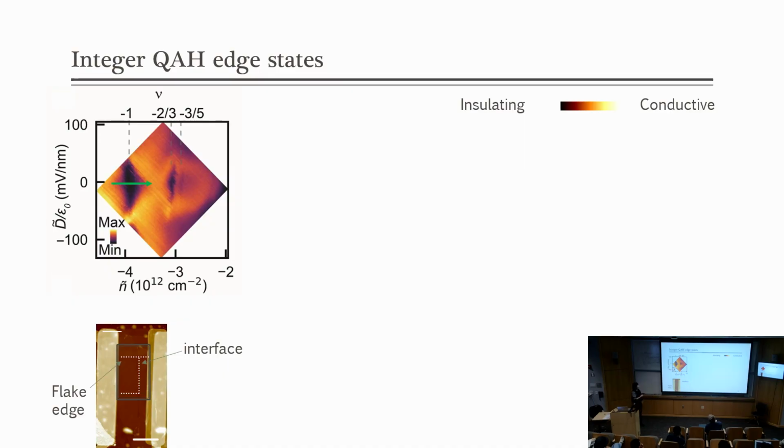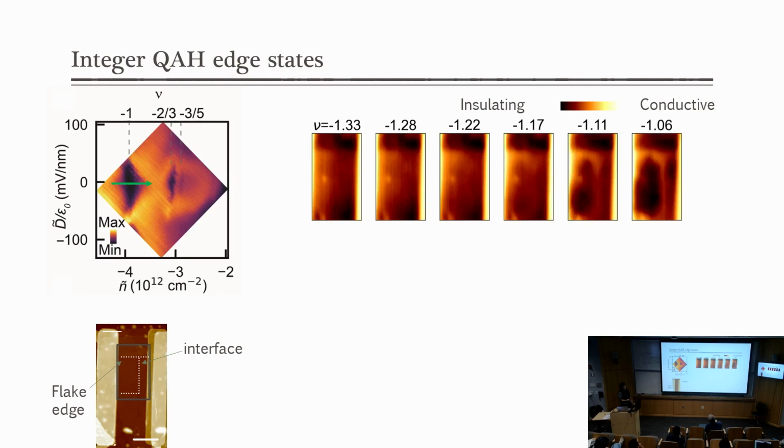What we did was to follow this green arrow to move in this phase diagram, keeping displacement field at 0, more or less, and then change the carrier density. As we change the carrier density across that region, we map out what the MIM signal looks like.